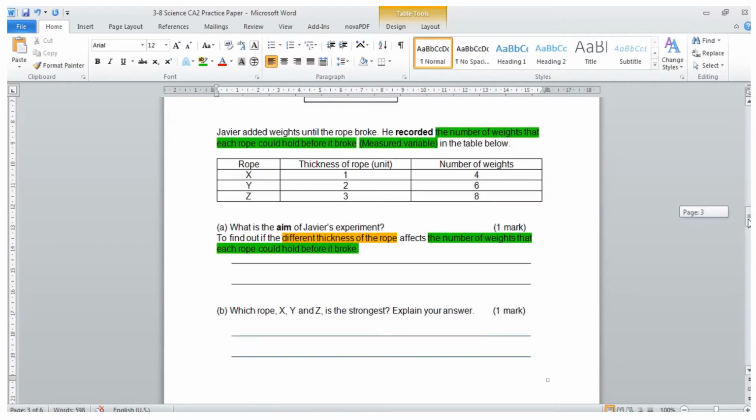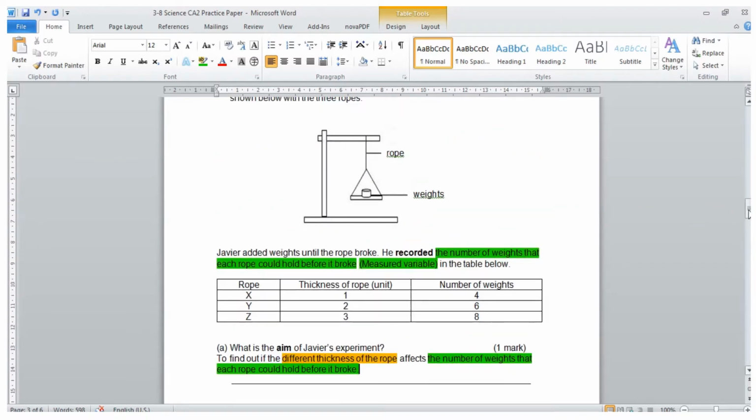Now let's take a look at the question then. For 1 unit of thickness of rope, we need 4 weights to break it. 2 thickness of rope, we need 6 weights to break it. And 3 thickness of rope, we need 8 weights to break it. Now think about it.